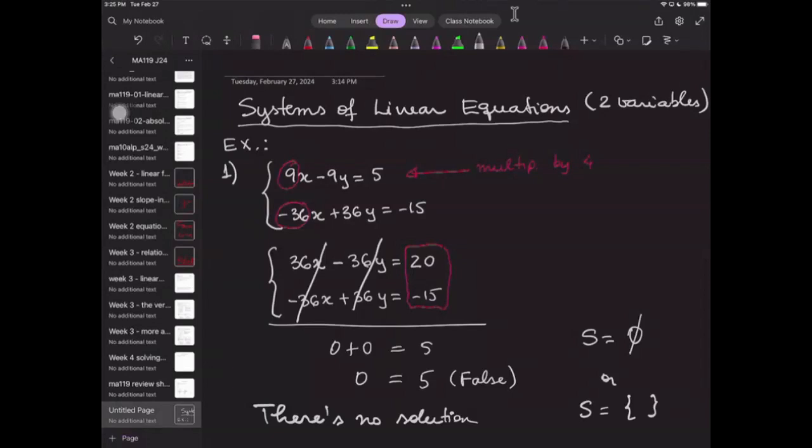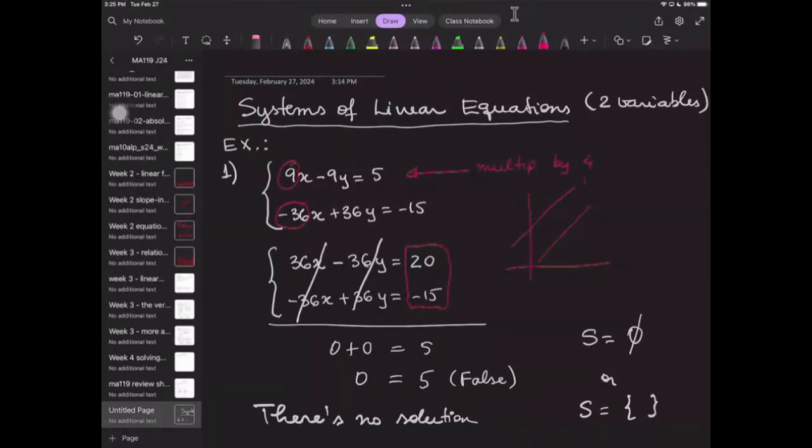If I were to graph to solve this system of equations, and we did the graphing last Wednesday in the Math 10 part of the class, what I was looking at, and I believe I mentioned briefly, is that I have two parallel lines. It doesn't mean that this is my graph, but I would have something that looks like that.